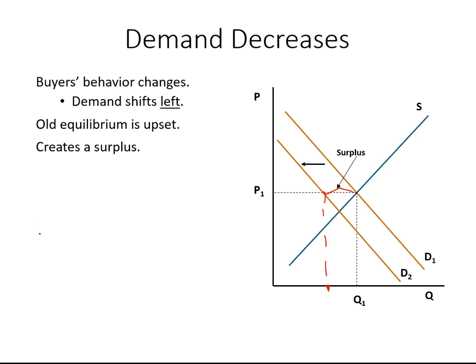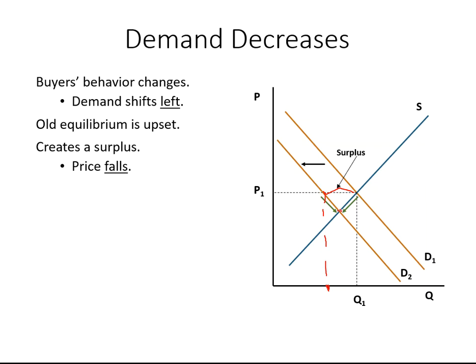In order to close this gap, as we mentioned, if we have a surplus, the best practice for the producer is to decrease the price. As they decrease the price, the point moves along the supply curve, and eventually stops at the intersection between the new demand curve D2 and the supply curve.